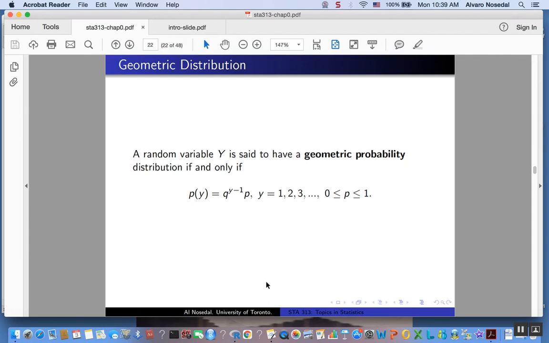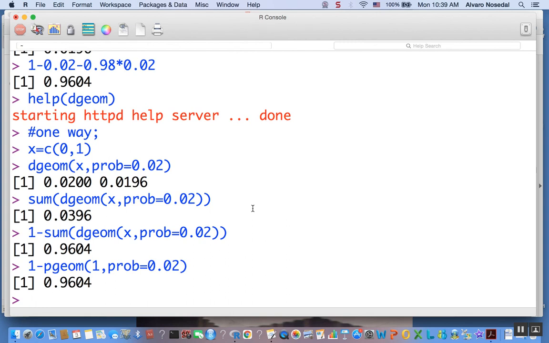It turns out that there's another way of thinking about geometric random variables, and that's the way R thinks about them: as the number of failures until your first success. We set it up both ways, and we were careful in doing the translation from our initial random variable y, the number of trials needed to get your first success, to the random variable used by R, which is x, the number of failures until your first success.